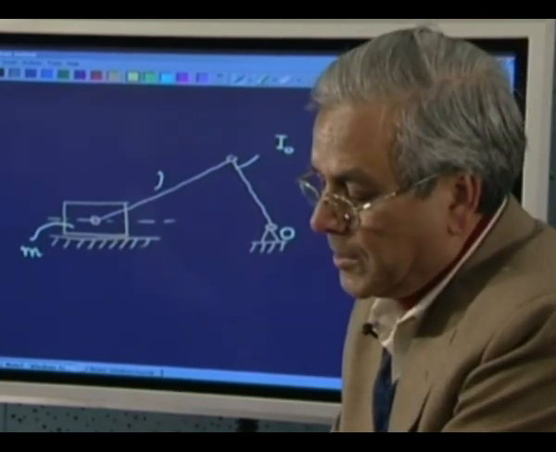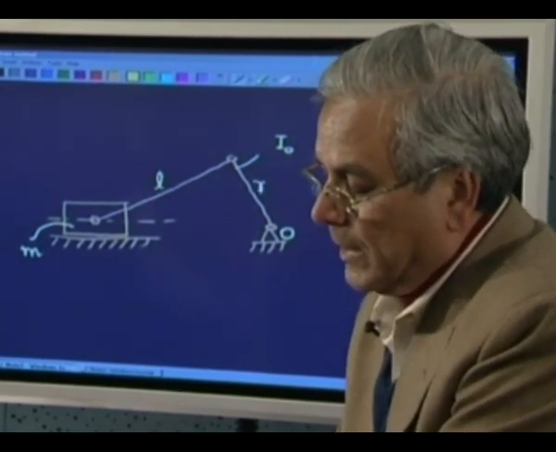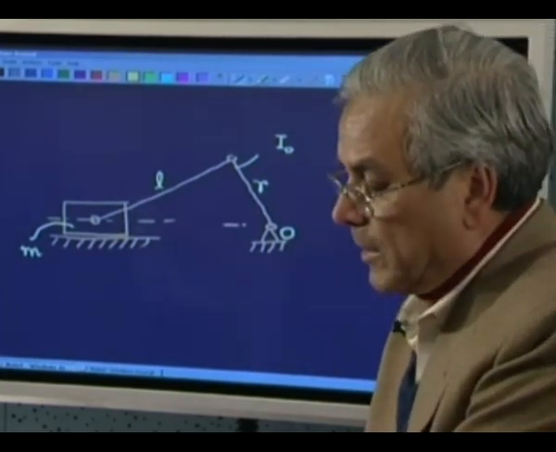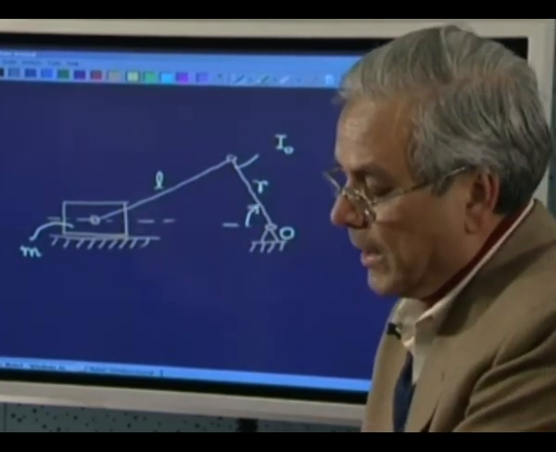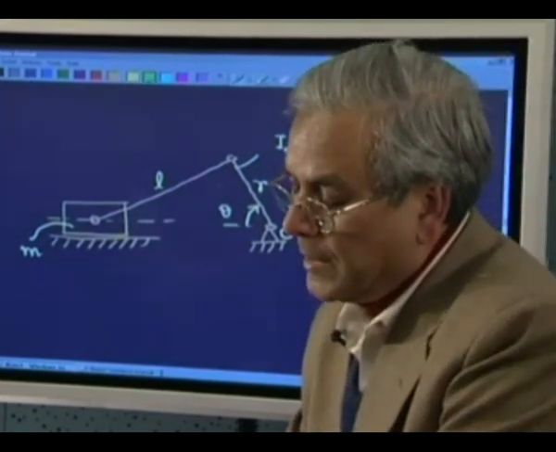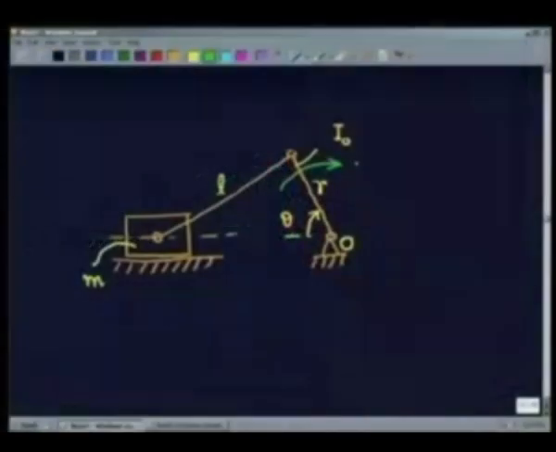The length of this rod is L, the radius of this crank is R, and at any particular instant, shown here, the angle is theta, and it is being rotated at a constant angular velocity omega.